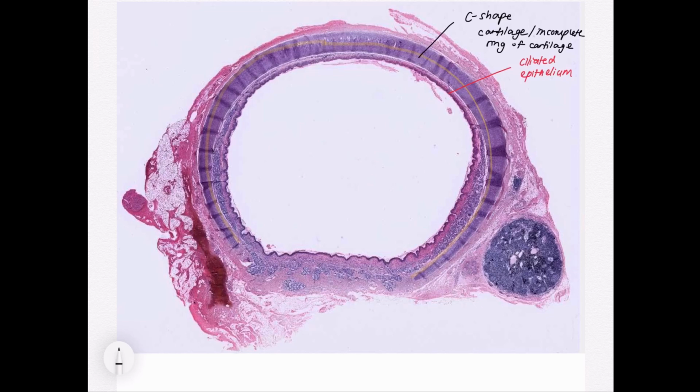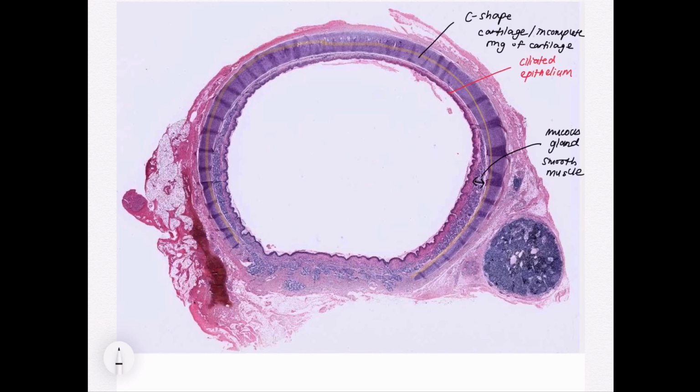So what is in between the cartilage and the ciliated epithelium? Between these two layers, you can find mucus gland and sometimes some smooth muscle. How about the tissue surrounding the whole trachea?